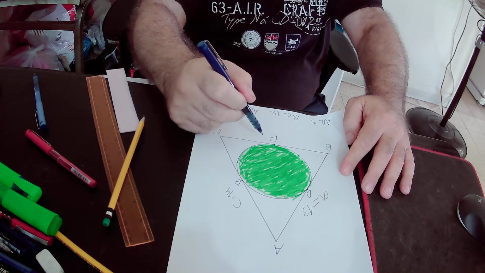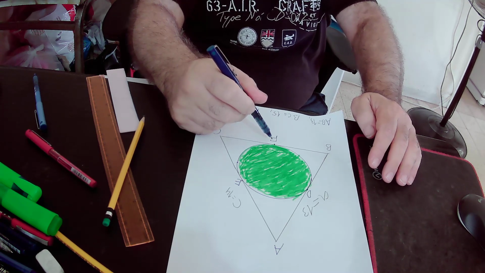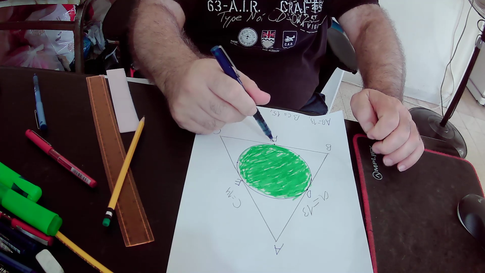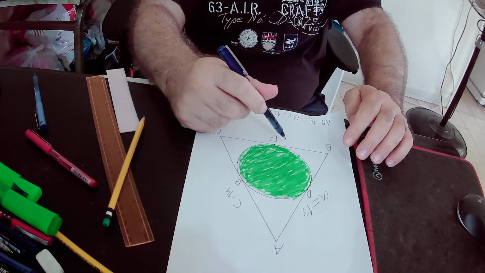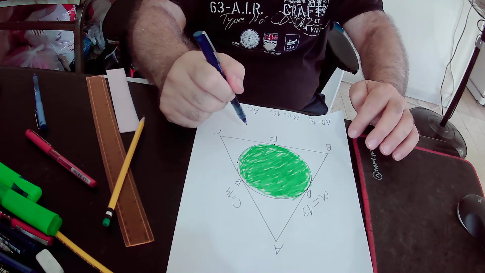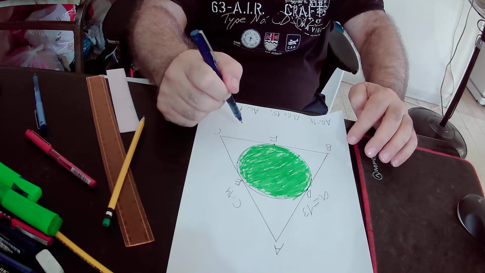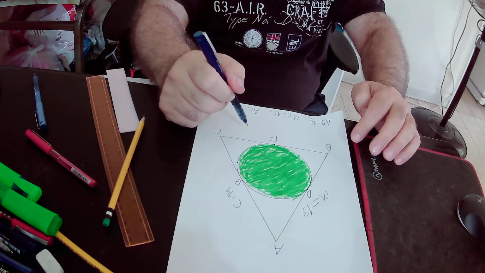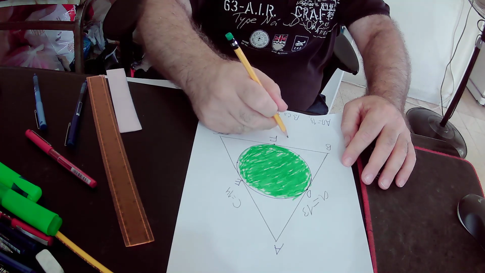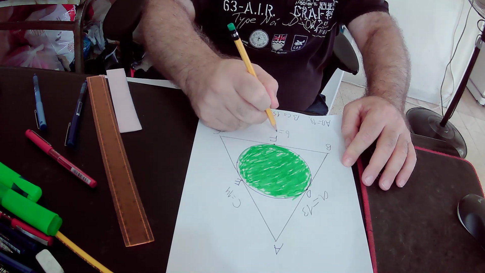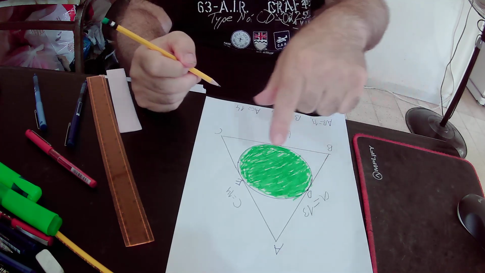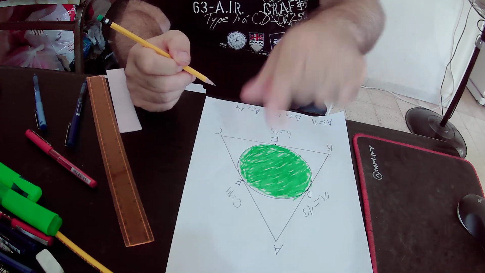Point F is the launch point between the circle and the tangent BC, and we will also define BC as B. That is to say, B equals 15 units, A equals 13 units, and C equals 14 units.